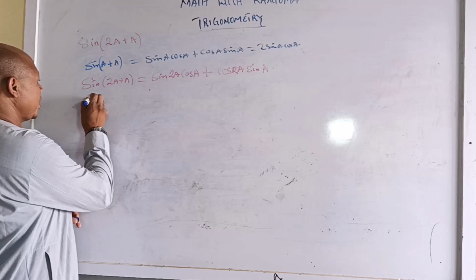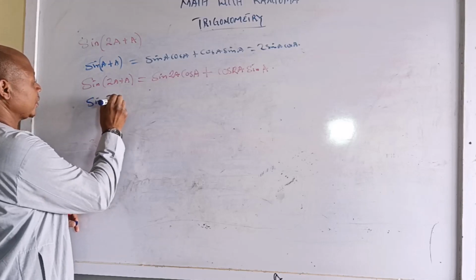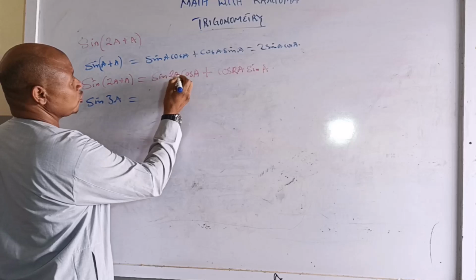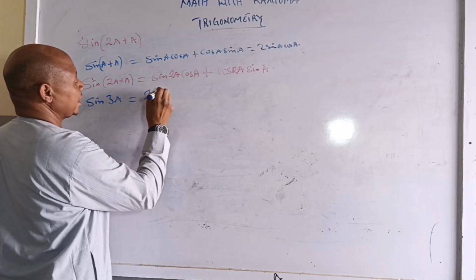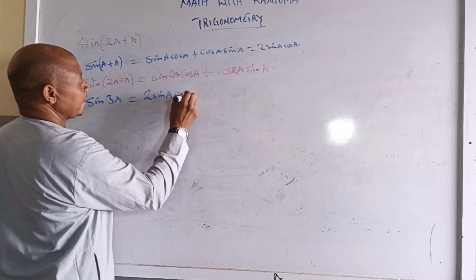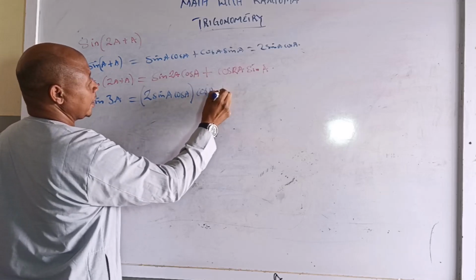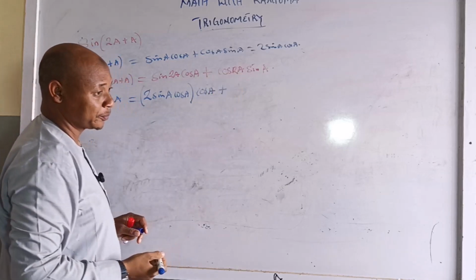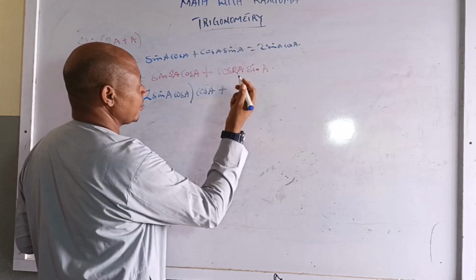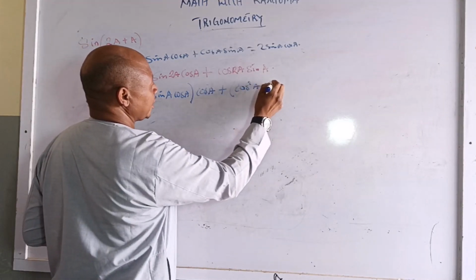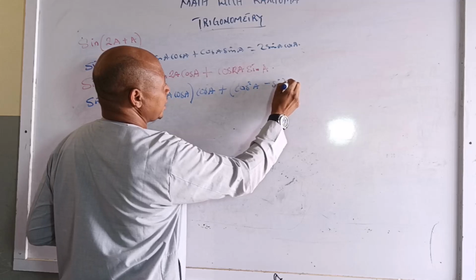So now, therefore, we have sine 3a, sine 2a plus a is 3a, is equal to sine 2a, which is 2 sine a cos a, times this value cos a now, then plus cos 2a. We say the value of cos 2a from our previous class is cos square a minus sine square a.